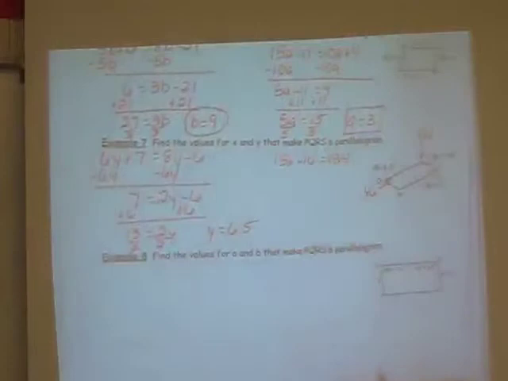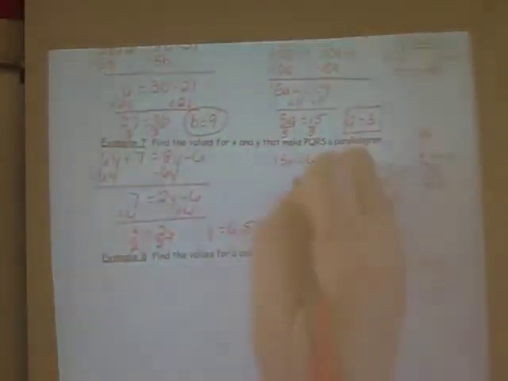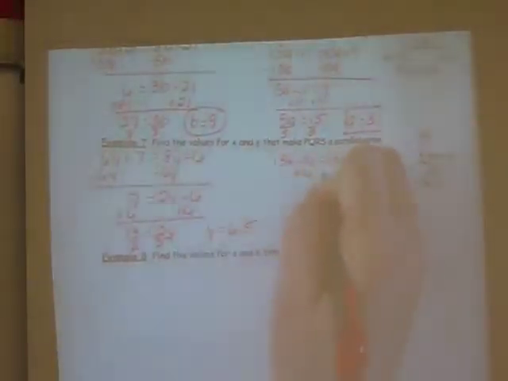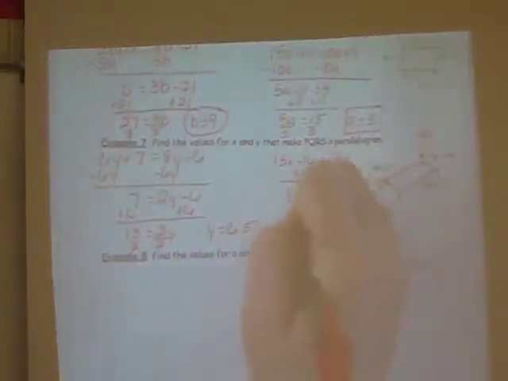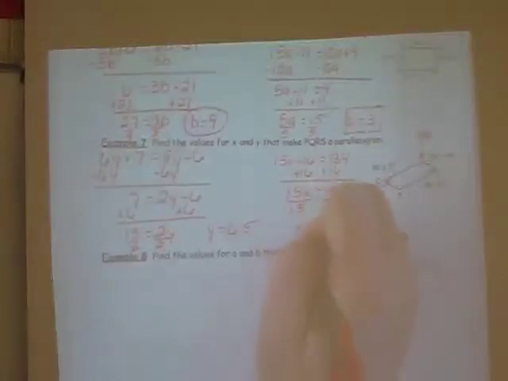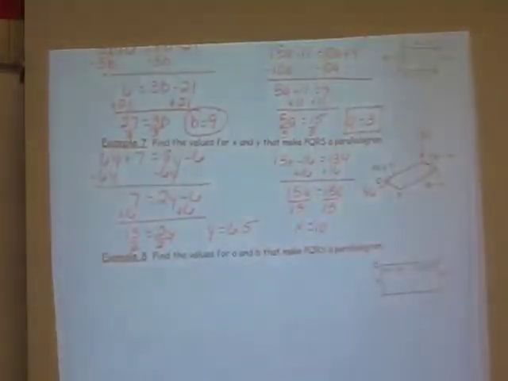And we can do 15x minus 16 equals 134. And then we add 16 to both sides, and we have 15x equals 150. And when you divide both sides by 15, you are left with x equals 10.